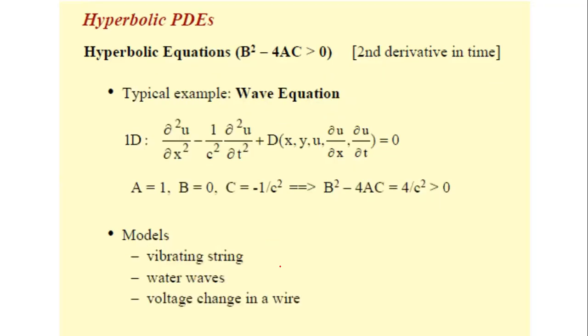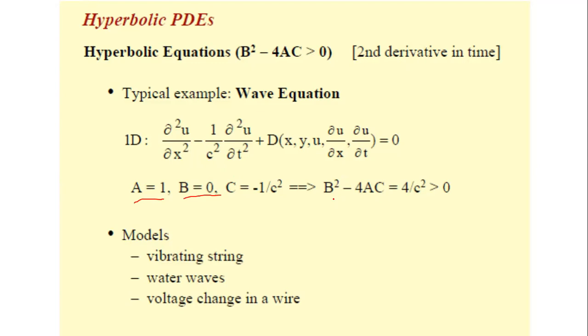Okay. Now this is the simple classical wave equation. In it, the coefficient of del square u upon del x square is 1, so a equals 1. There is no mixed derivative term such as del square u upon del x del y, so b is 0. And c, as you see with del square u upon del t square, is minus 1 upon c square.